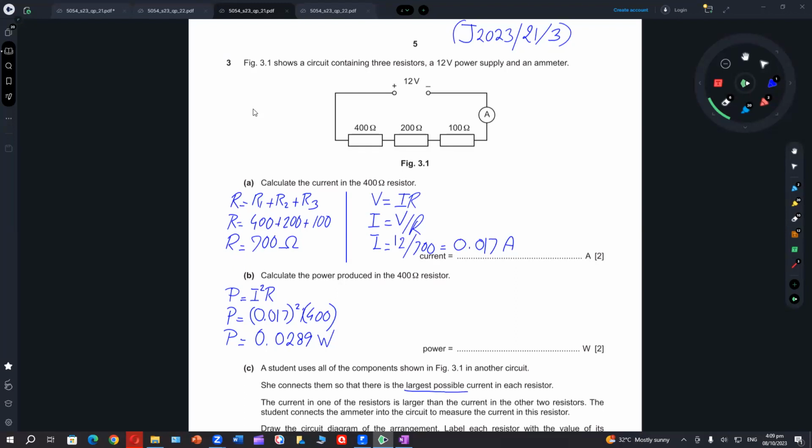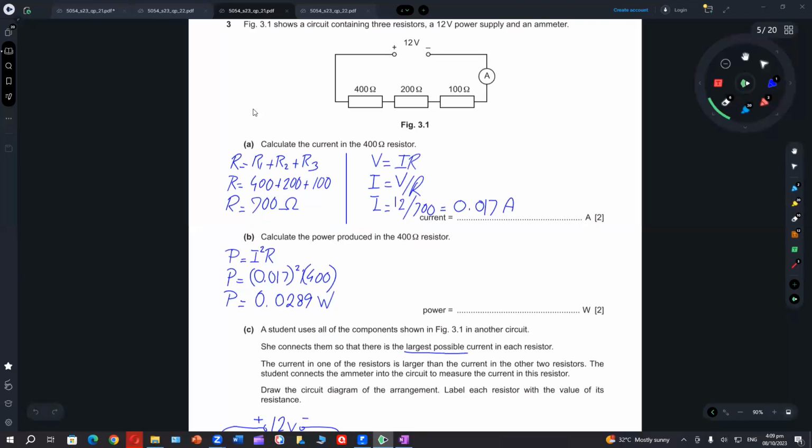There are different formulas of power. Power has a formula QV upon T. Power has a formula VI.